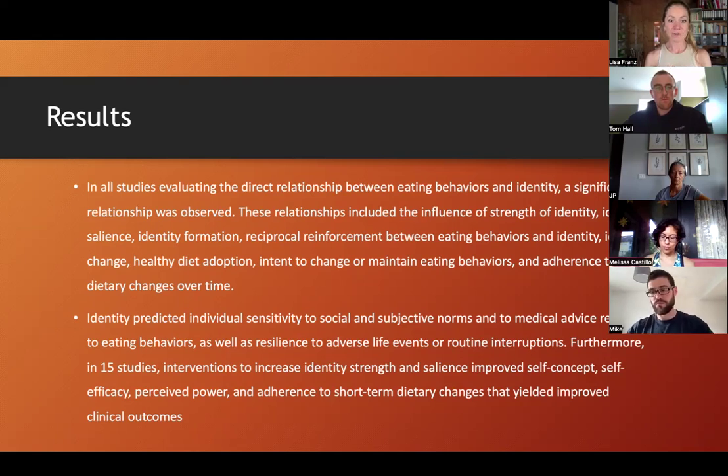Identity predicted individual sensitivity to social and subjective norms and to medical advice related to eating behaviors, as well as resilience to adverse life events or routine interruptions.